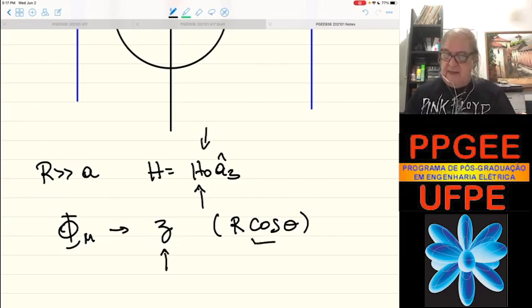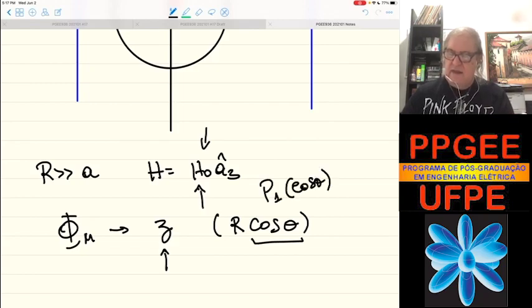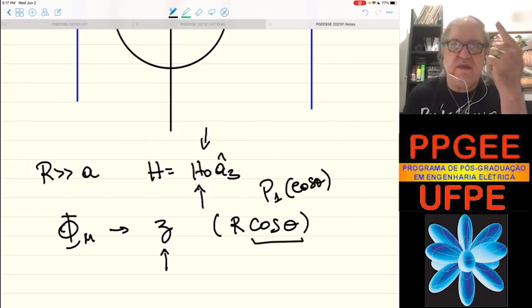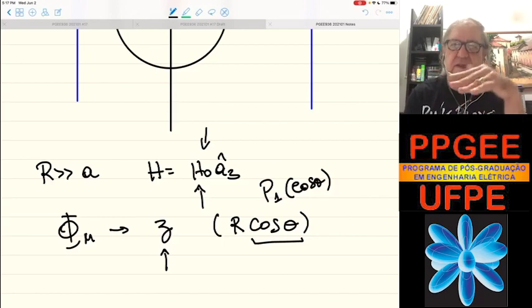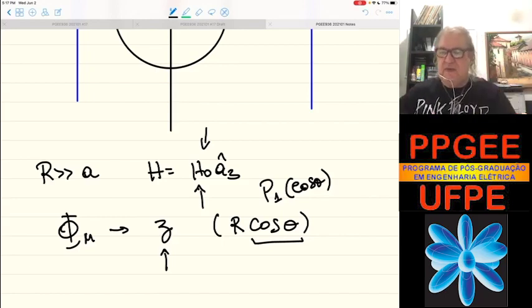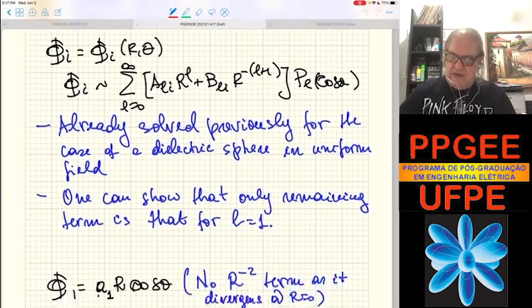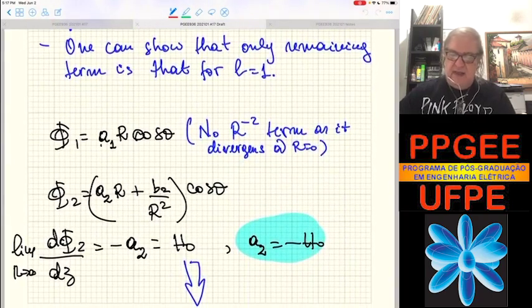So the dependence of the potential far away is on cosine theta, which is P1 of cosine theta. So this is a problem in which the solution has only one term, l equals 1. You can use all the terms if you want and solve the boundary conditions. You're going to demonstrate that you only have l equals 1. So we are going to use that solution.